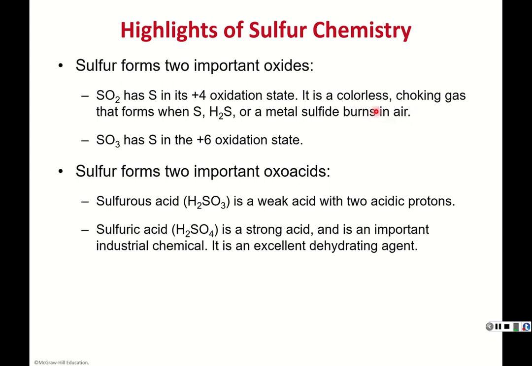So SO2, not that great. SO3: sulfur's in the +6 oxidation state. It has two important oxoacids, sulfurous acid, H2SO3, which is a weak acid, and sulfuric acid, H2SO4, which is a strong acid.